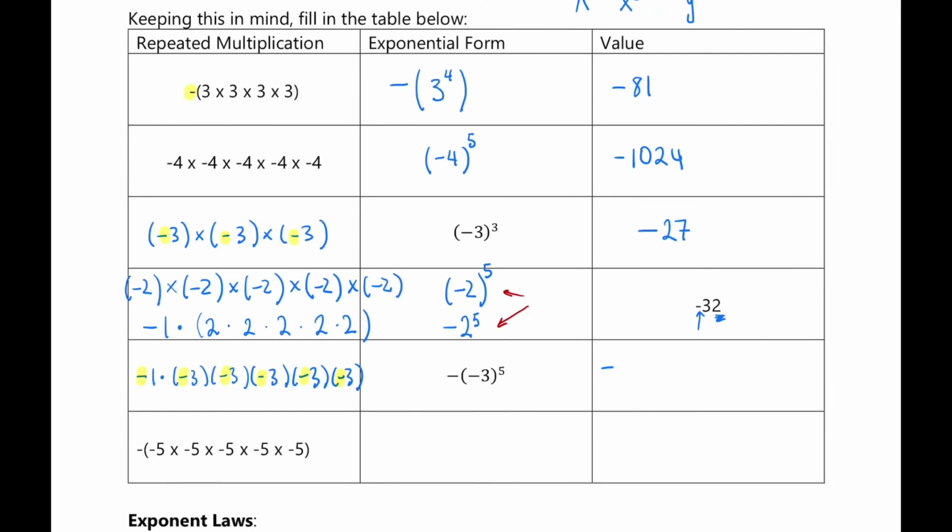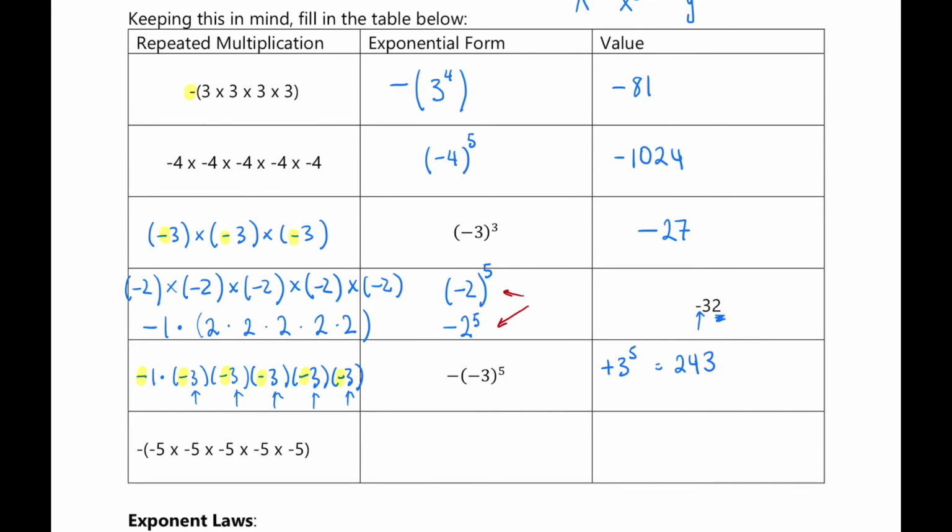So what's going to happen is that the negative will be canceled out because when you multiply two negatives, it becomes positive. So we can just say that overall it's going to be positive, and you can count how many 3's we have to multiply. We have 3 to the power of 5, and you can just punch into your calculator 3 to the power of 5, which is just 243.